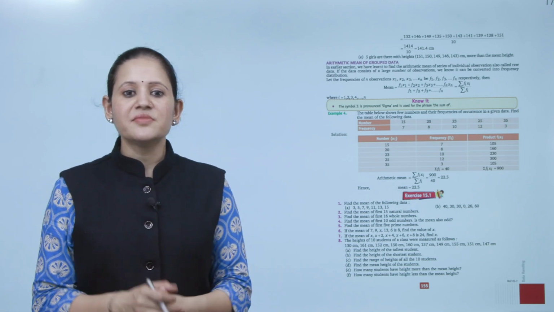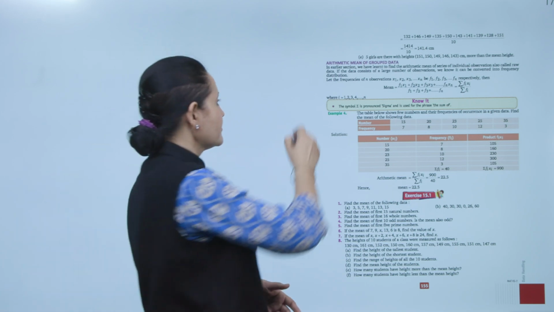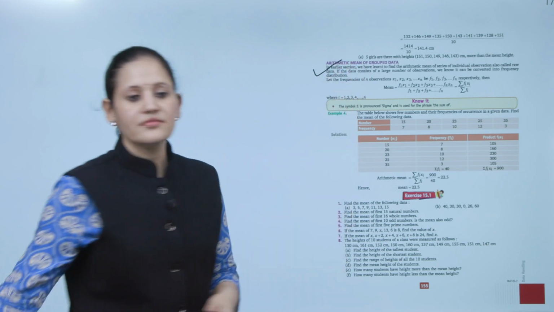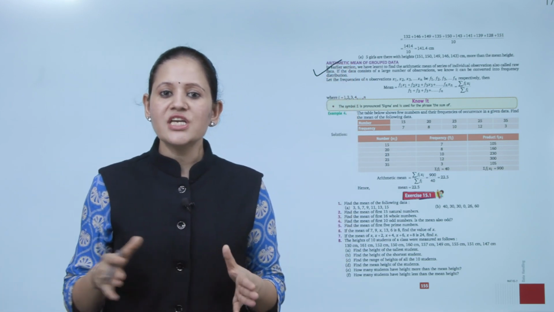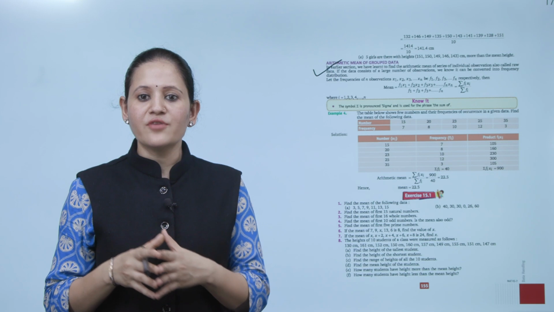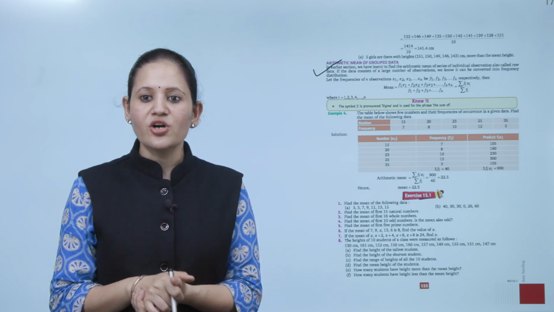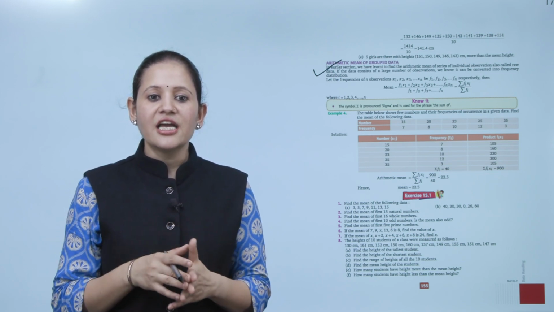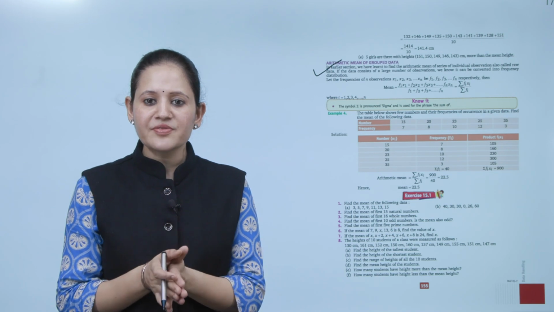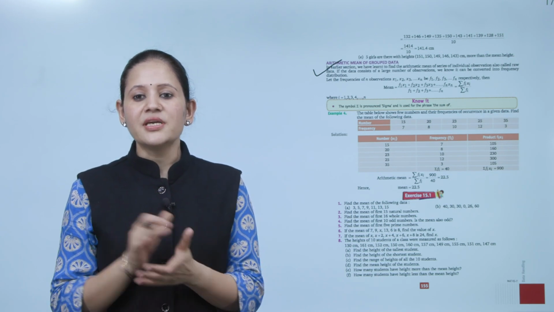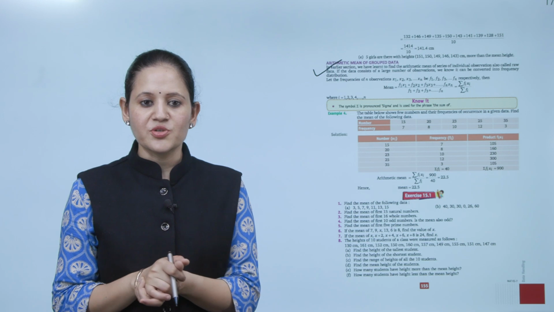Next is arithmetic mean of grouped data. In the earlier section, we have learned to find the arithmetic mean of a series of individual observations, also called raw data. If the data consists of a large number of observations, we know it can be converted into a frequency distribution.